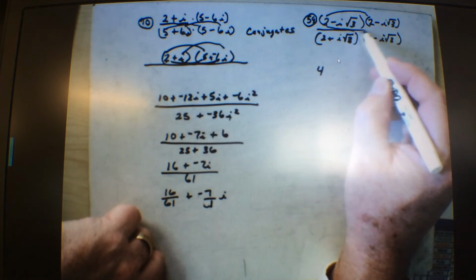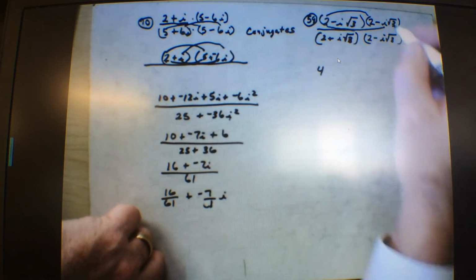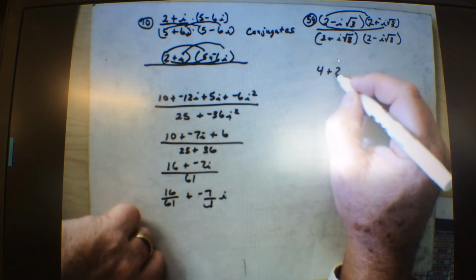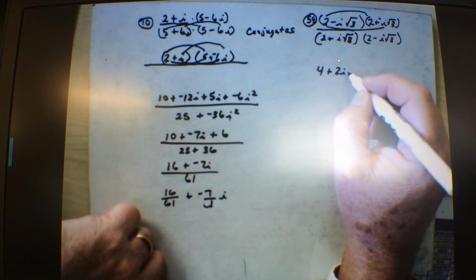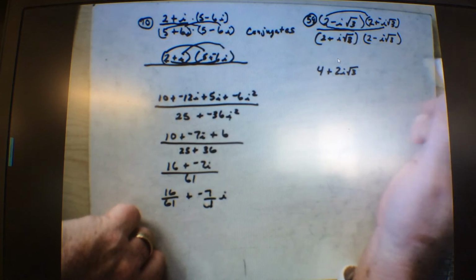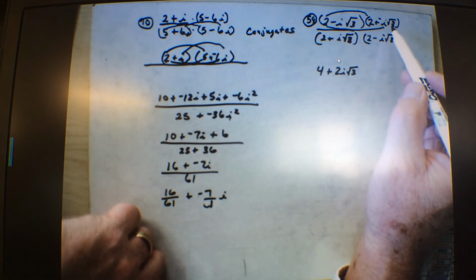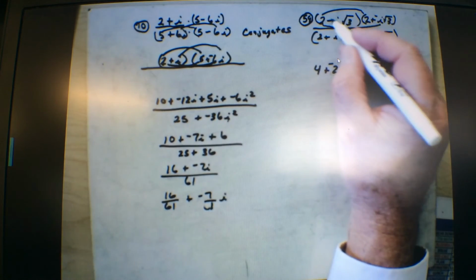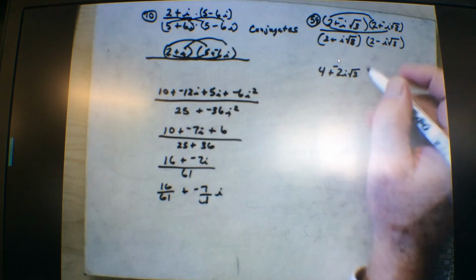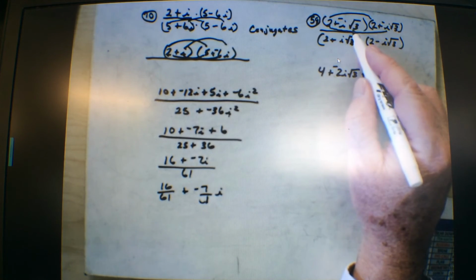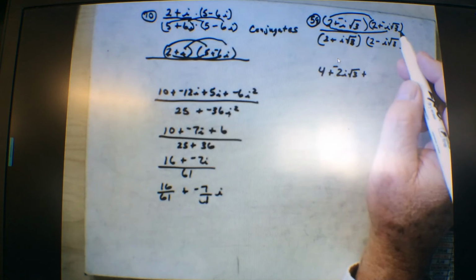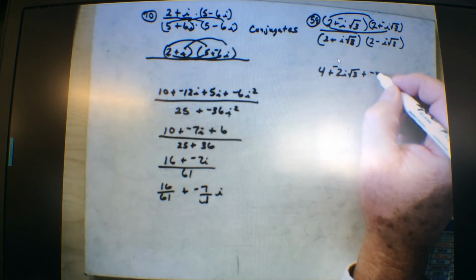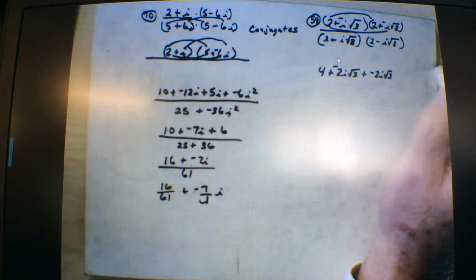I take 2 times this: 2i times the square root of 3. Nope, it's negative. And this is the same thing, right? So this would be a negative 2i square root 3, correct?